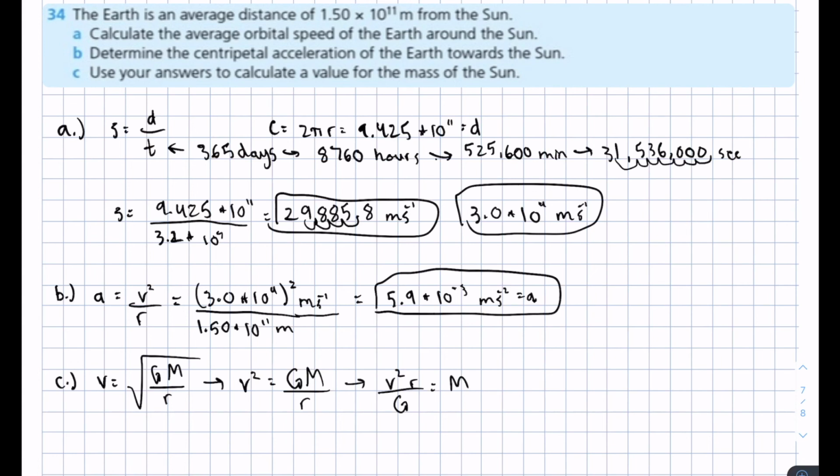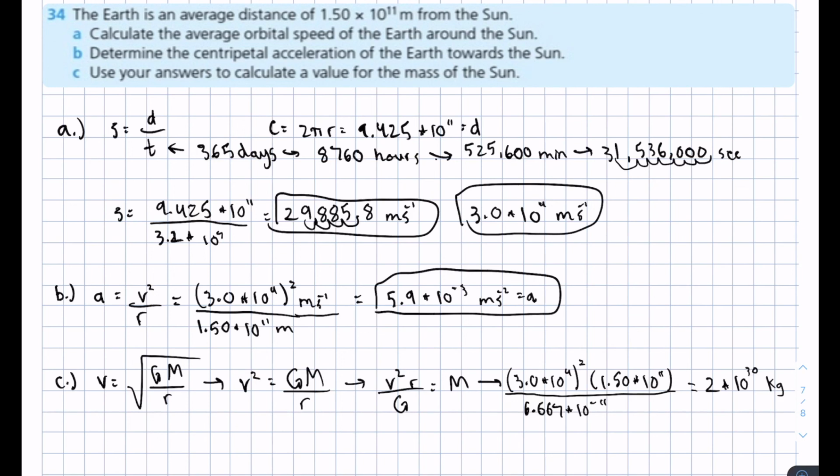We know G is a constant of 6.667 times 10 to the power of negative 11, and we already know what the velocity is and what the radius is, so we rewrite the equation as 3.0 times 10 to the power of 4 squared times the radius of 1.50 times 10 to the power of 11, all over 6.667 times 10 to the power of negative 11, and we get 2 times 10 to the power of 30 kg.